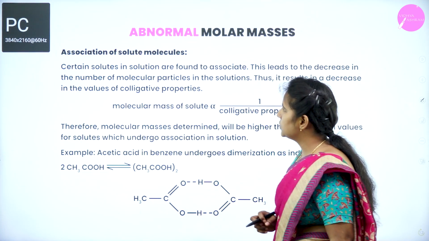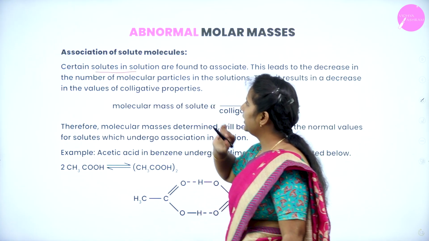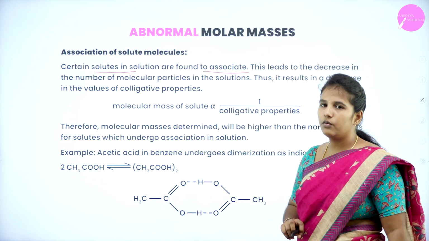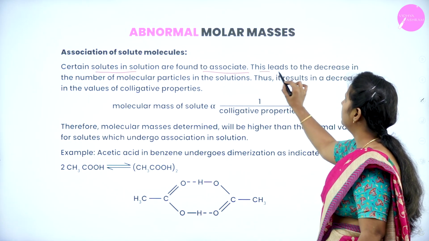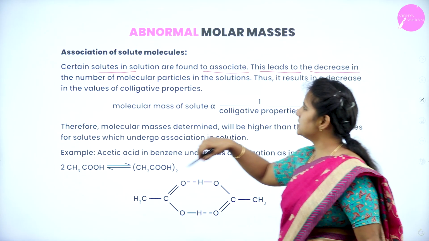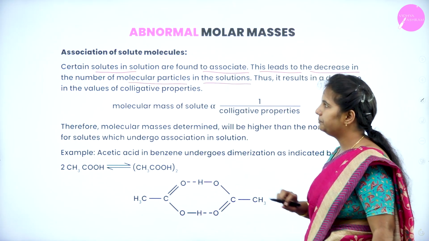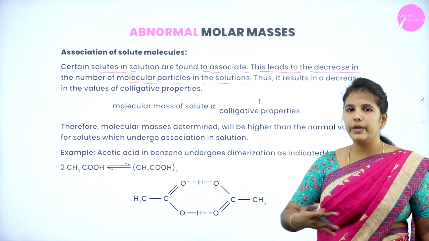The association of solute molecules is mainly due to certain solutes in a solution being found to be associated. In such cases, what will happen? This leads to a decrease in the number of molecular particles in the solution. Certain solutes in a solution, remember, are found to be associated.